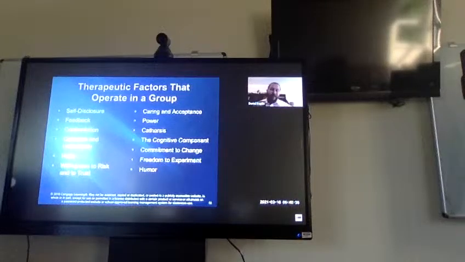So people might come into a group very depressed and despondent, but as a function of the group process, they might feel more hopefulness, willing to take risks and trust, feeling accepted, feeling more empowered versus disempowered, feeling catharsis, a release of whatever has been bothering them or plaguing them, working on their thoughts, focusing on a commitment to change, an invitation to experiment with who they want to be, not who they were in the past.